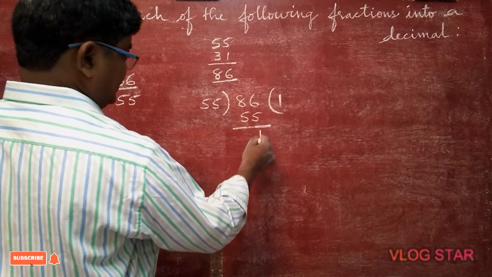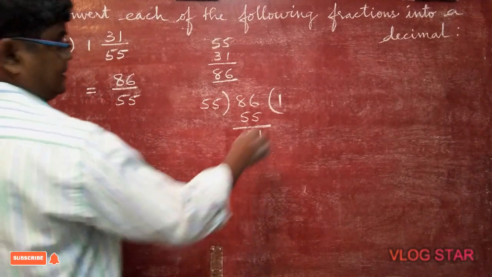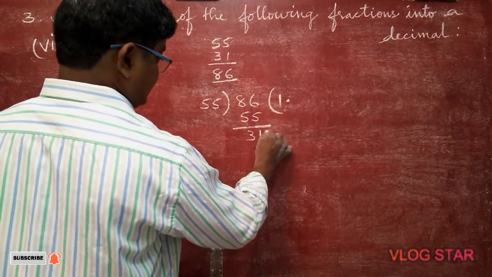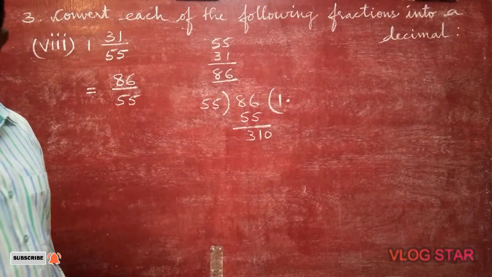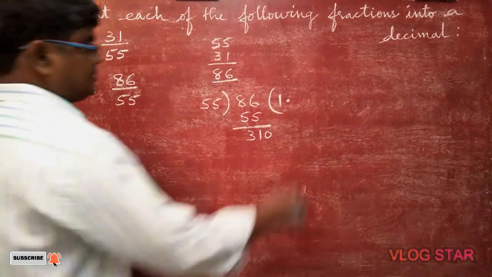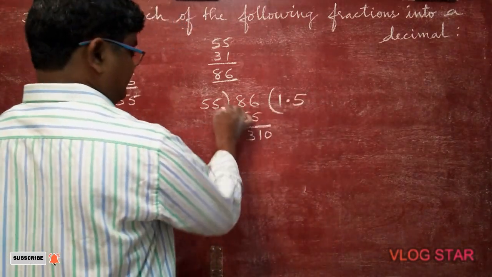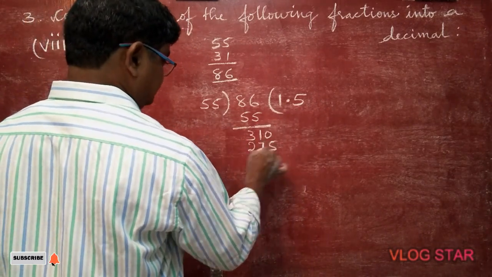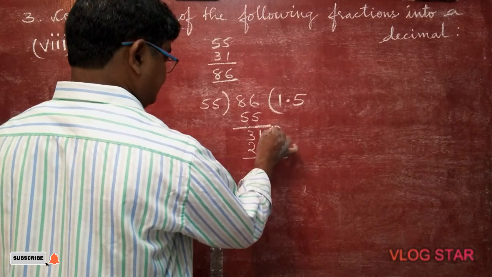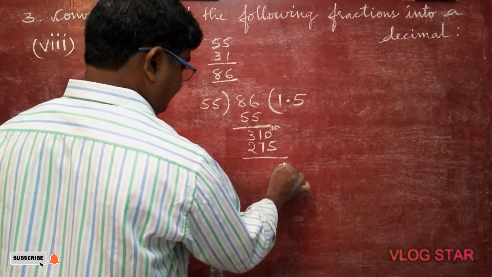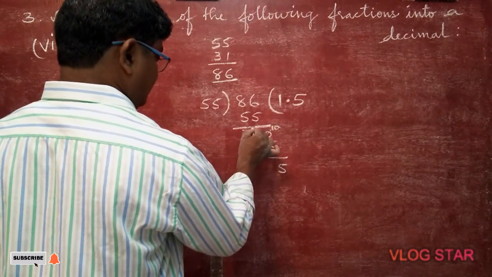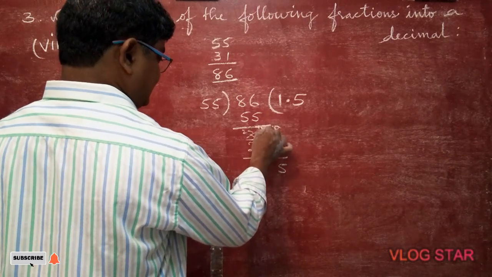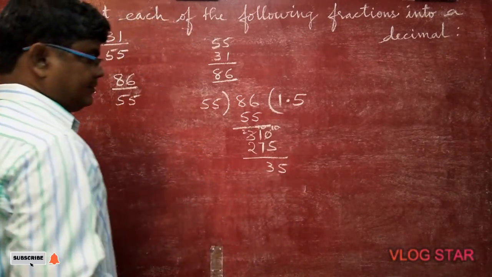Remainder 31. Keep decimal, 0. Now 55, how many times does it go? 5 times. 5 5s are 25. 2. Again 27. Borrow 10. 10 minus 5 is 5. Again here borrow. Here 2 will be there. 10 minus 7 is 3. 35.